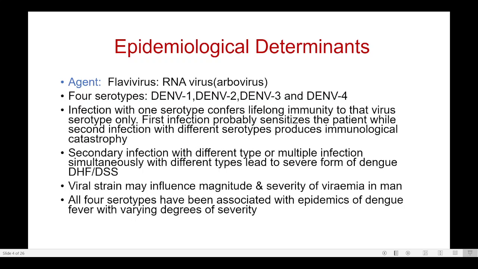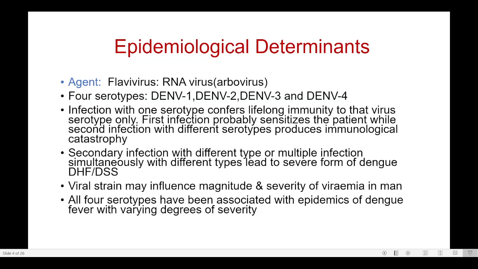Because the primary infection sensitizes the immune system, and in secondary infection it causes hypersensitivity leading to severe forms of dengue, that is dengue hemorrhagic fever and dengue shock syndrome.